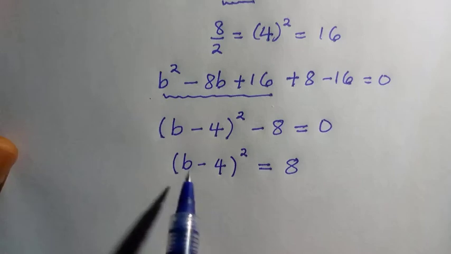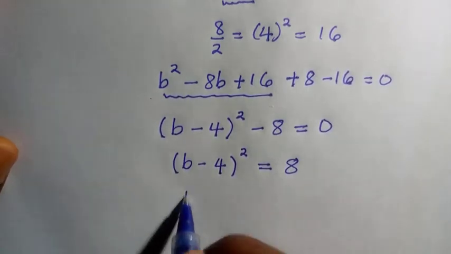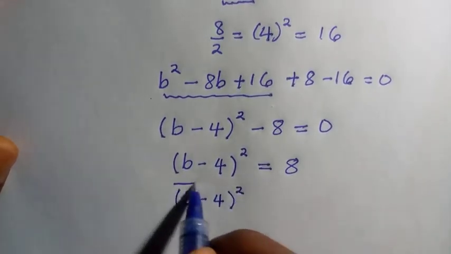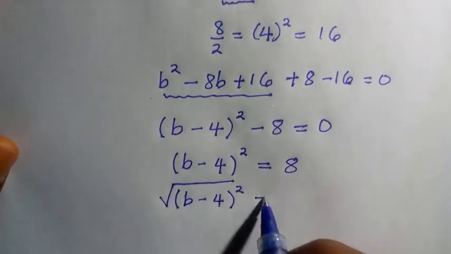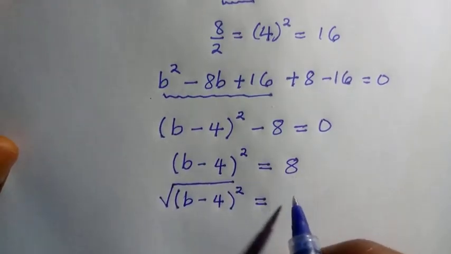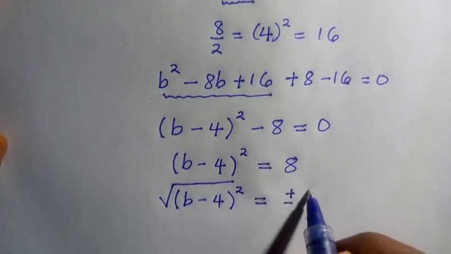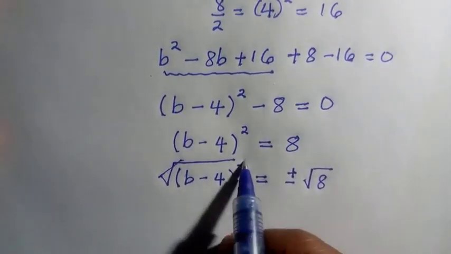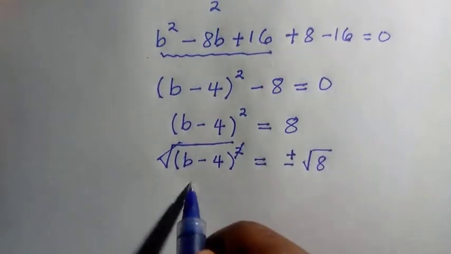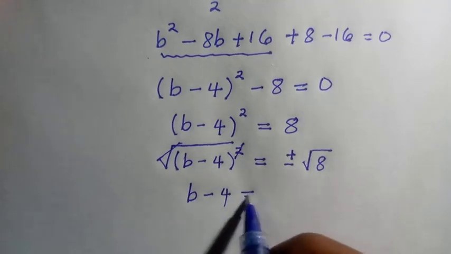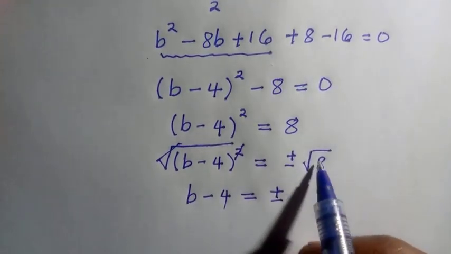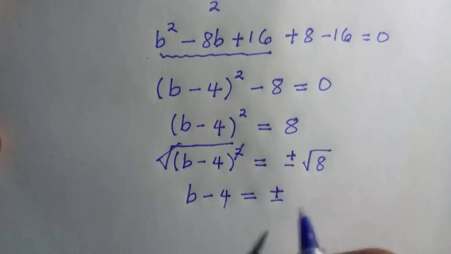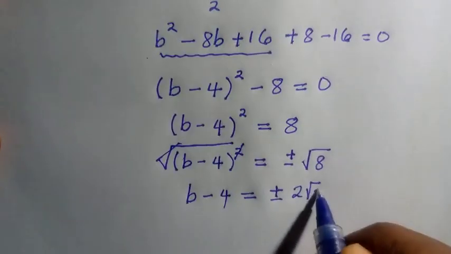Then the next thing is we take the square root of both sides. We have b minus 4 to the power of 2, then square root of 8. When we take the square root of this side, we introduce plus or minus, then here is root 8. Square and square root cancel, as we have b minus 4 equals plus or minus root 8. We can write the basic form of root 8 as 2 root 2.